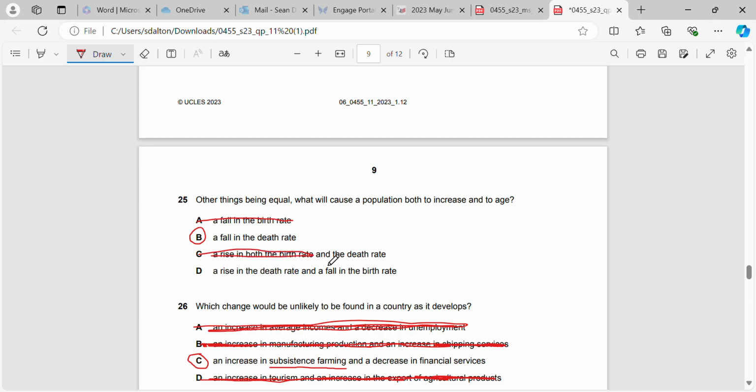But if there's an increase in the death rate as well, then that means that people would not age, or the age level of a country would not increase. And a rise in the death rate, that would not cause age to increase, and a fall in the birth rate would definitely not cause the population to increase.